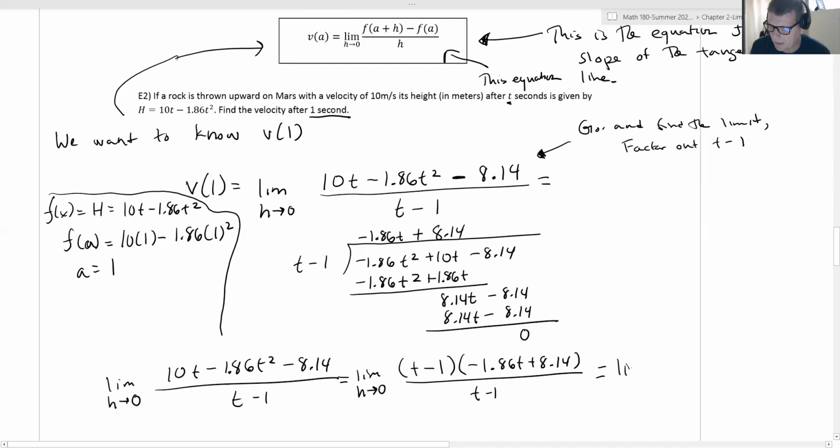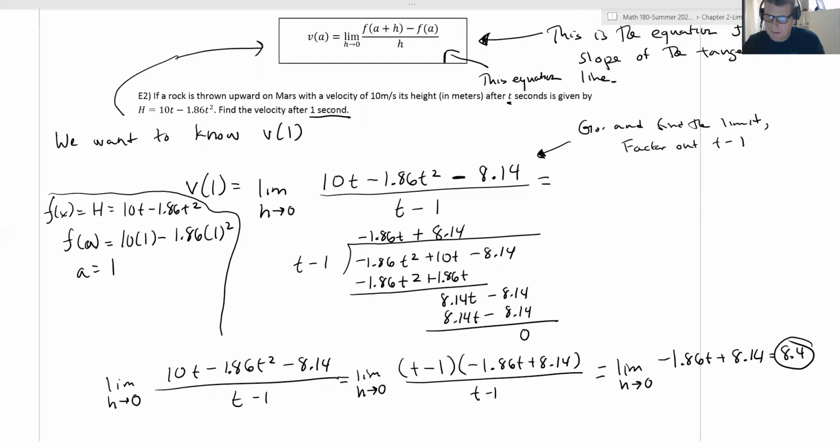That's then just going to be the limit as h approaches 0 of negative 1.86t plus 8.14. And then that is just 8.14. Yay. And that's his velocity after 1 second. 8.14, not 8.4.